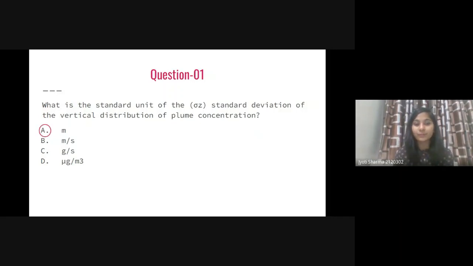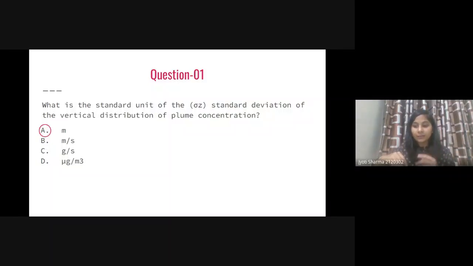And we have already discussed this standard deviation in vertical profiling. This is nothing but how your plume is dispersing in the vertical direction. You have some center line. At some point there is a maximum concentration, and if you go away from that, either in the upward direction or in the downward direction, this concentration will be diluted.